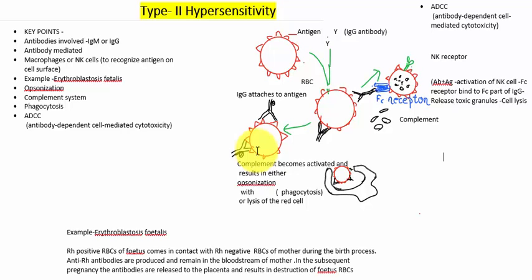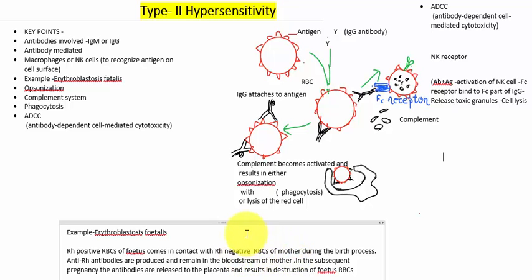An example of type 2 hypersensitivity reaction is a disease you may have heard of, erythroblastosis fetalis. It is also called hemolytic disease in infants. So what happens in this disease? The fetus contains Rh positive RBCs, which come in contact with the Rh negative RBCs of the mother.